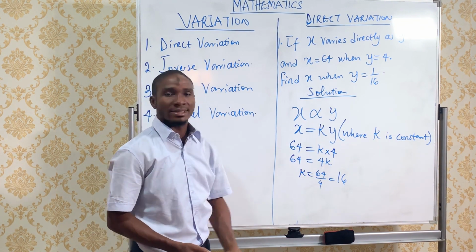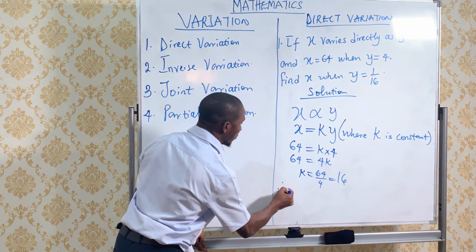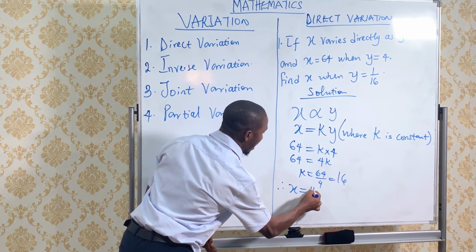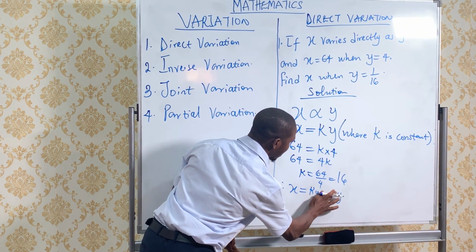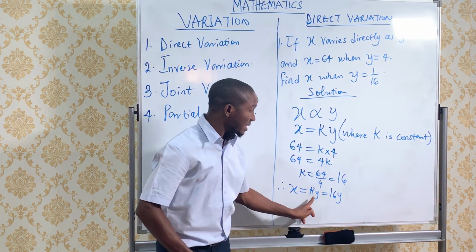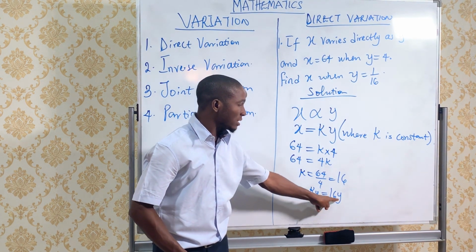Since we've gotten k to be 16, we can go back to the equation. Now x equals ky is now equal to 16y, since our k now is 16. So x is equal to 16y.